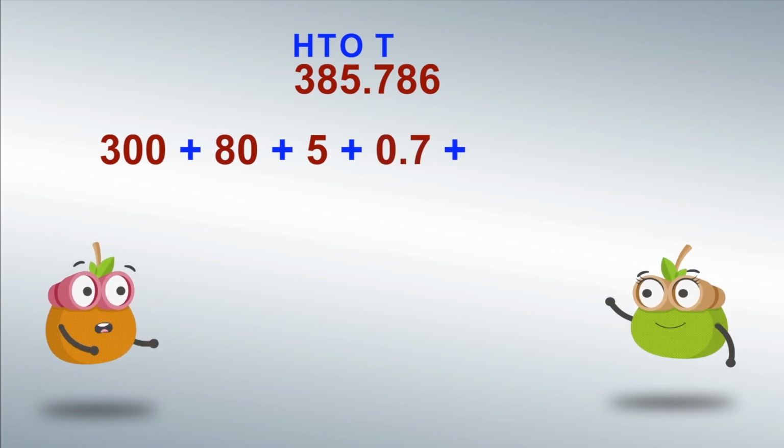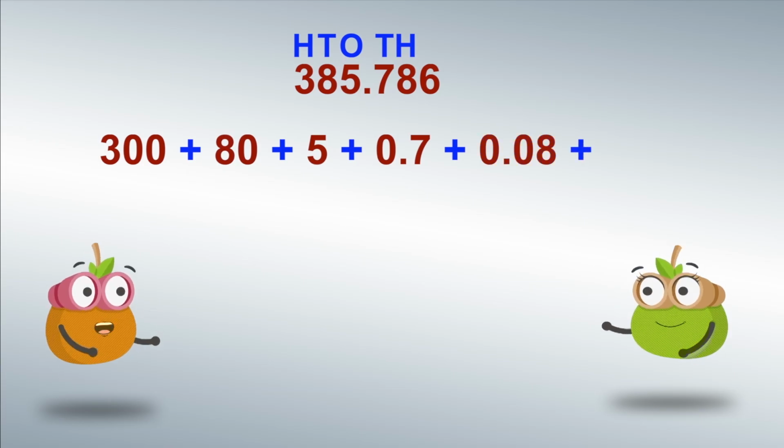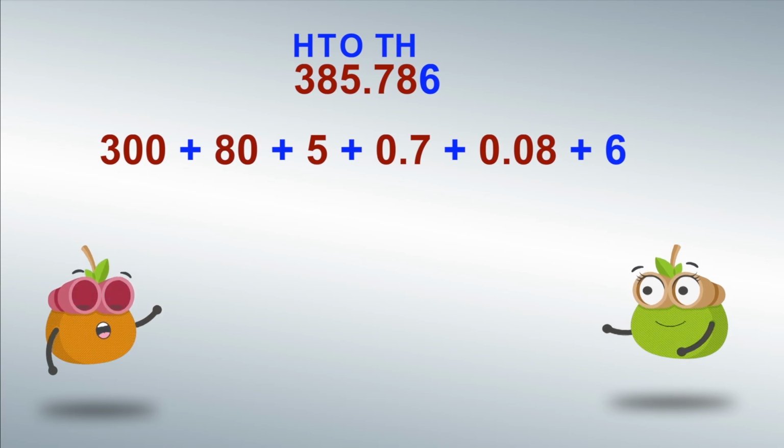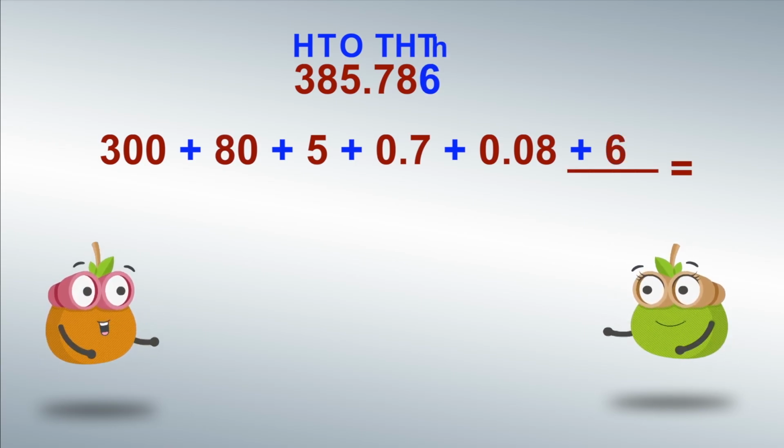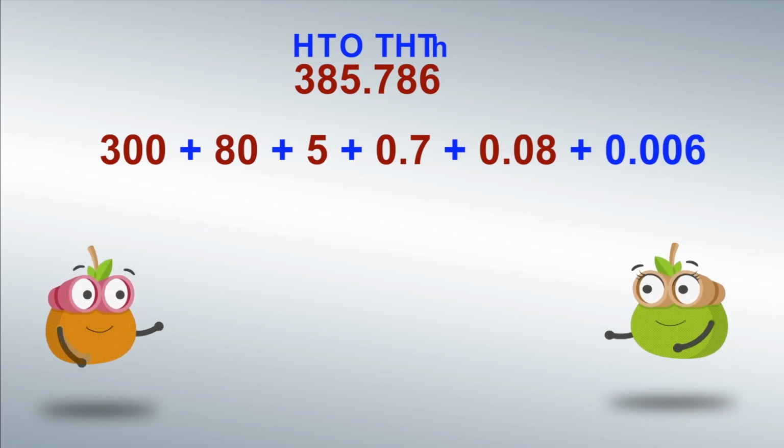Put the plus sign after 0.7. 8 is at hundredths. Write it as 8 upon 100 equals 0.08. Put the plus sign after 0.08. 6 is at thousandths. Write it as 6 upon 1000 equals 0.006.